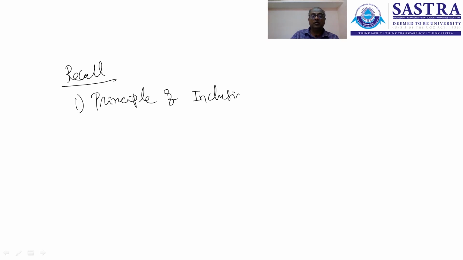Now let us recall what we had done in this lecture. We first studied the principle of inclusion and exclusion, and using this we were able to find the cardinalities of a given set.